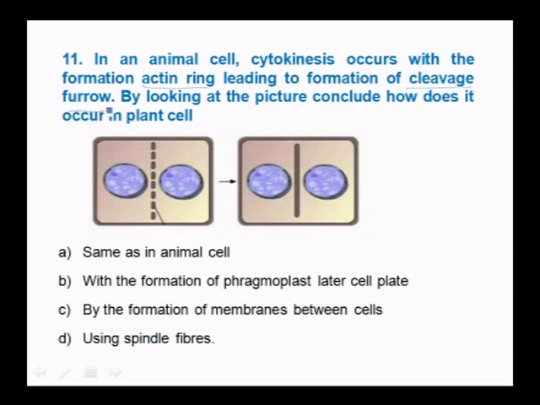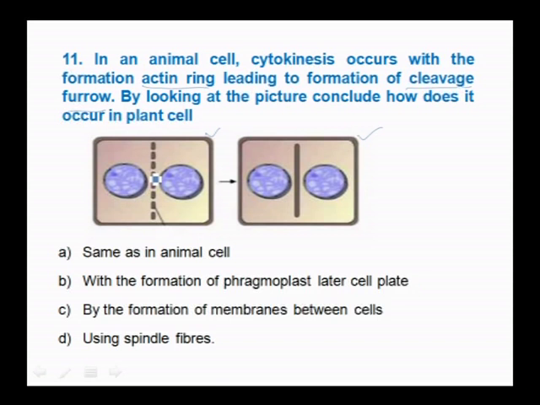Now by looking at the two diagrams which indicates the plant cell, you have to conclude how it happens in plant cell. So in the first picture you can see the formation or association or arrangement of phragmoplast at the center of the two daughter nuclei, and in the second diagram you can see the formation of a cell plate.